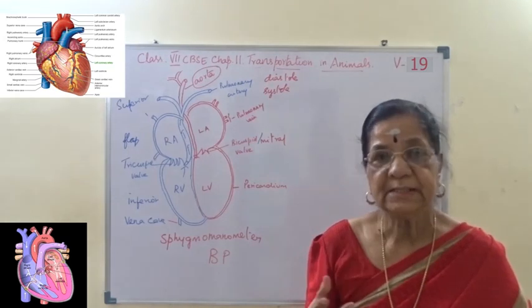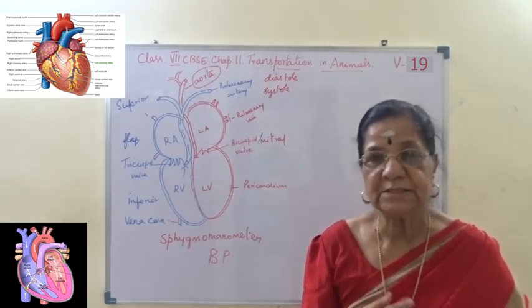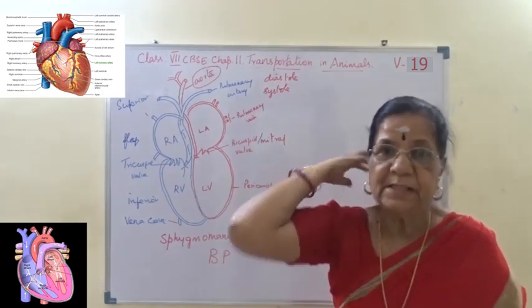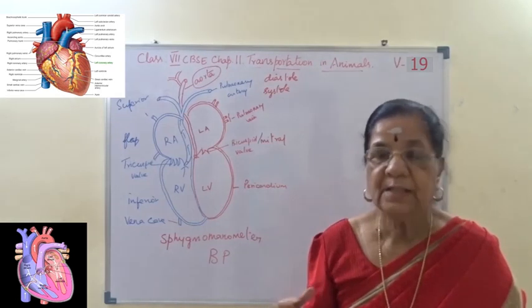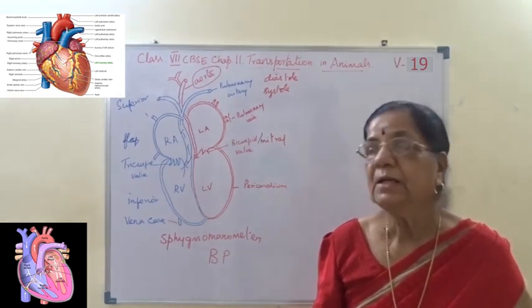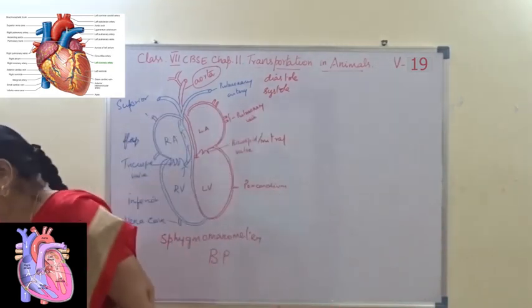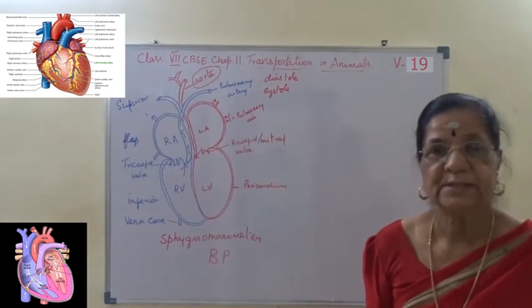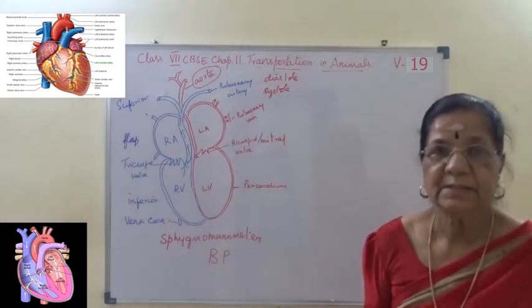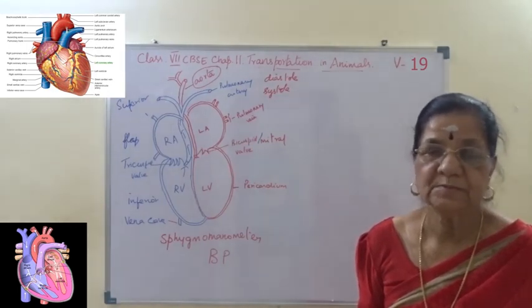Doctors can diagnose the movement of the circulation of the blood, whether a person is normal. Any disturbance, such as a breathing problem, can be diagnosed by the doctors. I hope you are able to follow this.